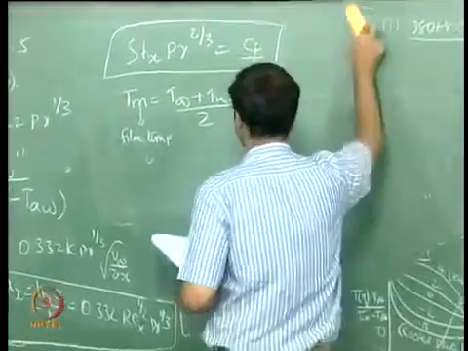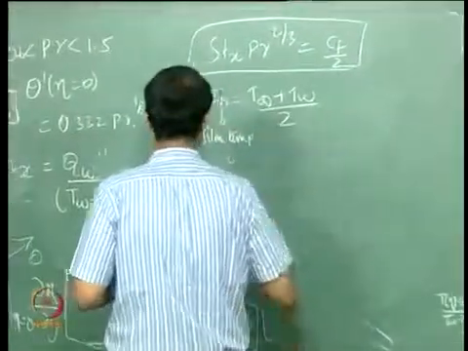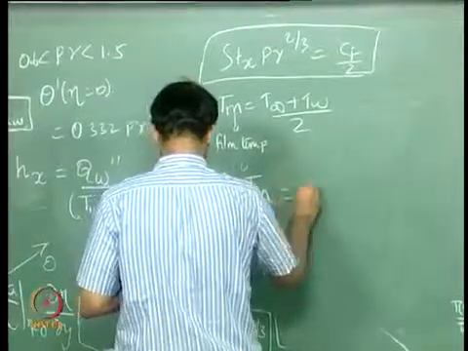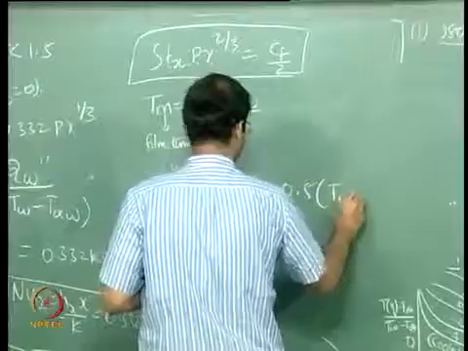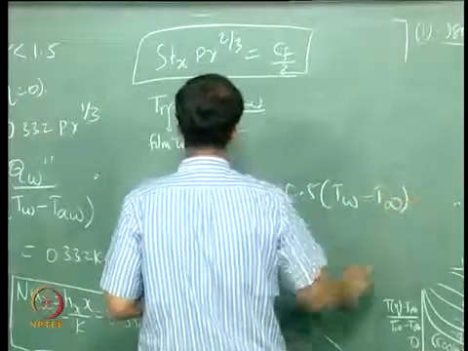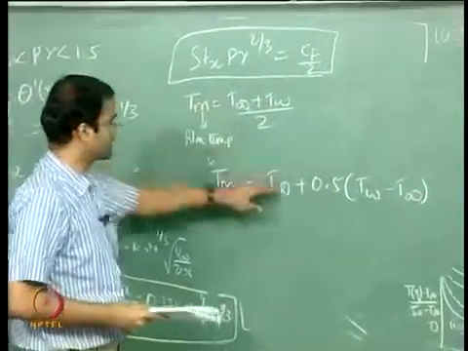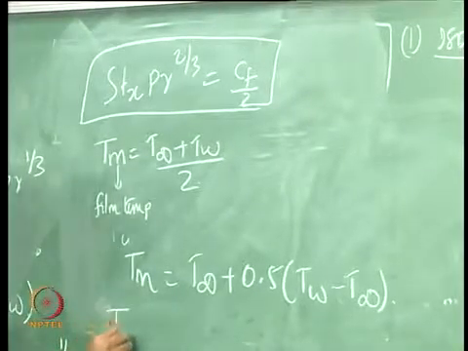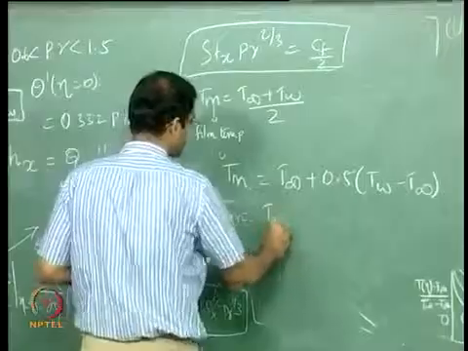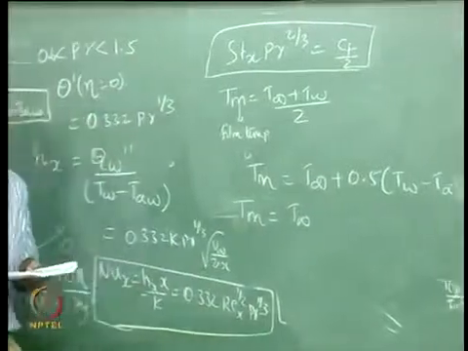Okay, so you can also extend this and write it like T infinity plus... okay, so you can write this in this form. Now, in the same way, in the case of high speed flows we have to define some mean temperature to calculate the properties.